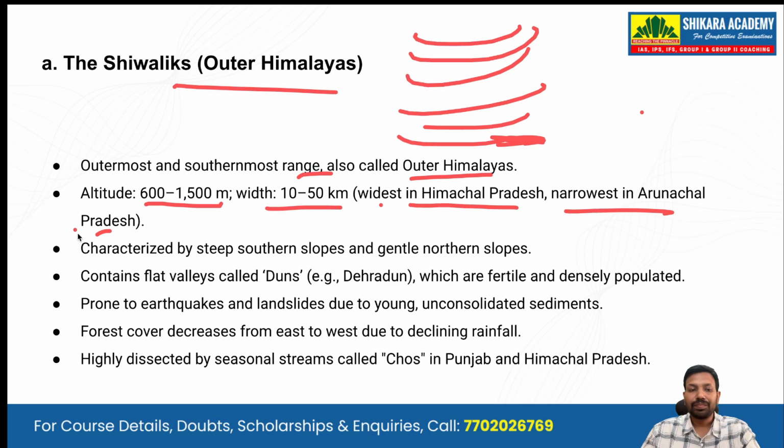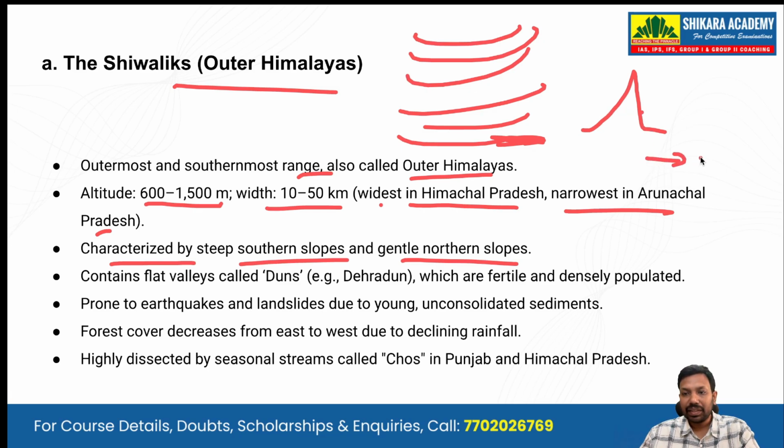This is what we expect: they are characterized by a steep southern slope and a gentle northern slope. If this is your southern slope, this is your northern slope, this is your western, that is your eastern. The southern slope is very steep, and you should understand that.